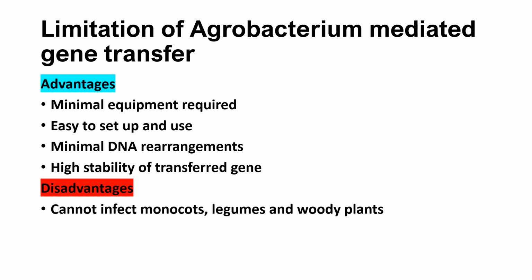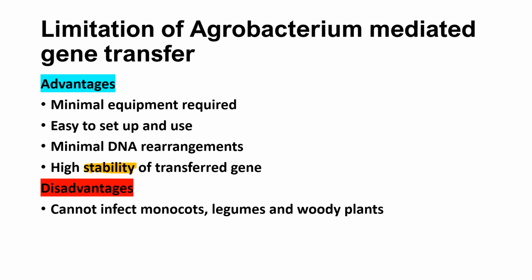The gene which we have cloned into the plant using Agrobacterium tumefaciens has a high stable transformation and minimal DNA rearrangement, so there is no DNA shuffling that can destroy our gene of interest. But the big disadvantage is that Agrobacterium tumefaciens cannot infect monocots, legumes, and woody plants.